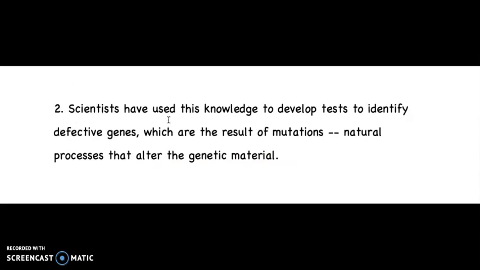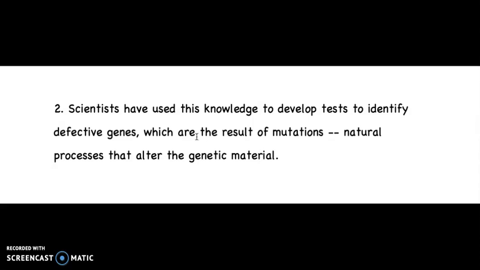Scientists have used this knowledge to develop tests to identify defective genes, which are the result of mutations, natural processes that alter the genetic material. First, let's look for the markers or connectors that indicate to us that there's a cause and effect relationship.